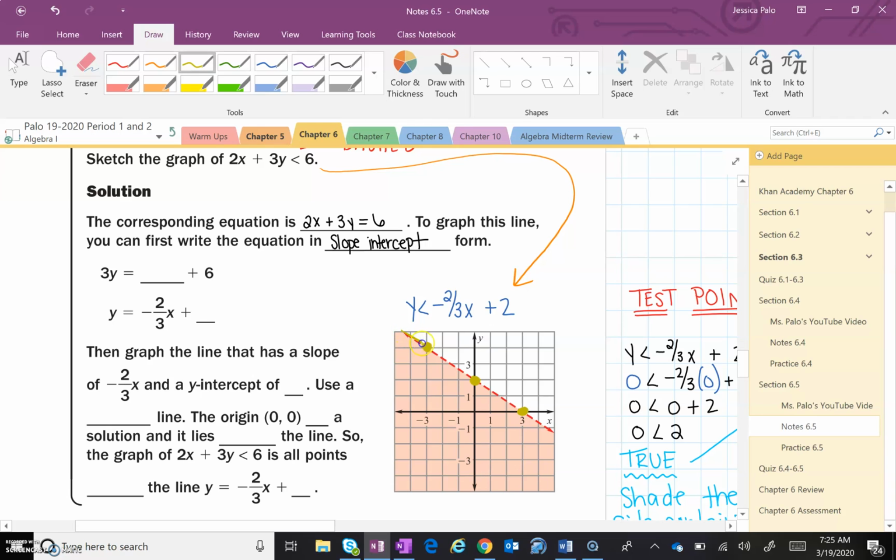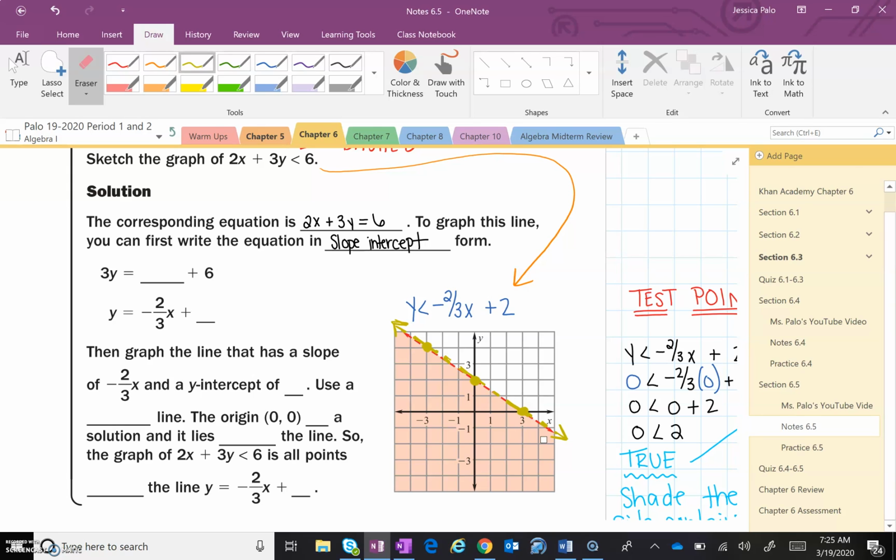Now, luckily, this is already drawn for me. There is my dashed line that represents the linear inequality y is less than negative 2/3 x plus 2.